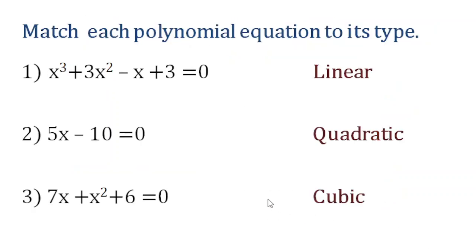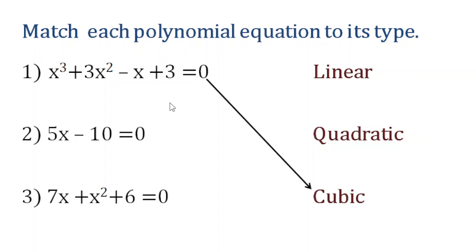Now, we have here 3 terminologies: linear, quadratic, and cubic. I would like you to match each polynomial equation to its type. Let's look at number 1. x cubed plus 3x squared minus x plus 3 equals 0. What type of polynomial equation is this one?